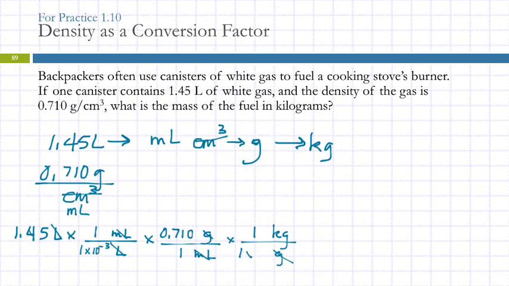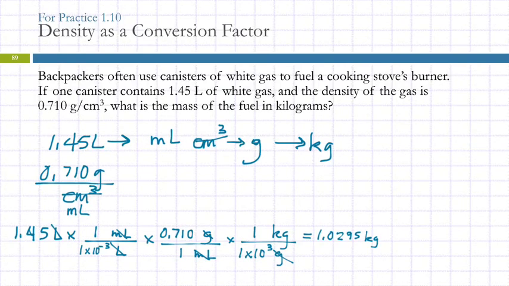So then in the bottom, I've got 1 times 10 to the positive 3. 1.45 divided by 1 EE negative 3 times 0.710 divided by 1 EE3 equals. My calculator is telling me 1.0295, and the unit is kilogram.